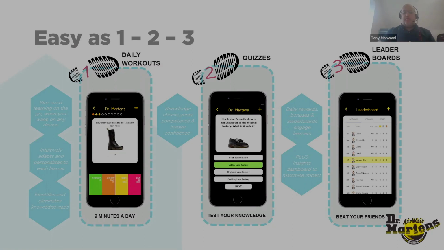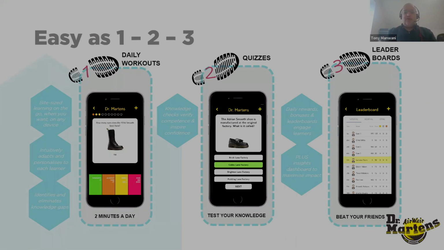So if Paul and I were both studying the same subject, even though we have the same questions in that question bank, we are going to have a completely different learning experience every single day, because what I know is not the same as what Paul knows. My knowledge gaps are not the same as his. So we will have completely different questions every single day, and a completely personalized learning experience to close our own knowledge gaps over that period of time.